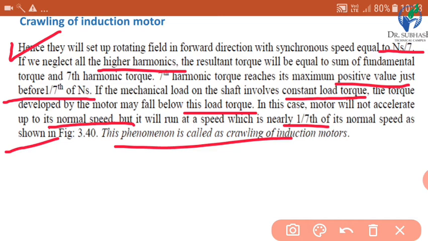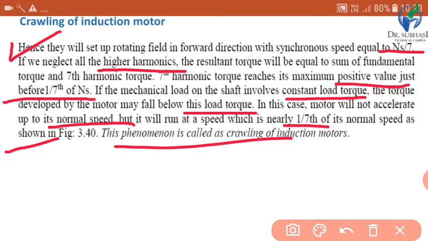We have already seen that there is a maximum positive value just before 1/7th of the synchronous speed. If the load torque is a constant load torque, then the torque developed by the motor falls due to this load torque.